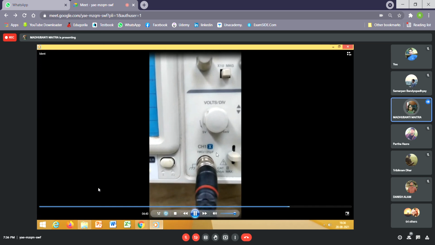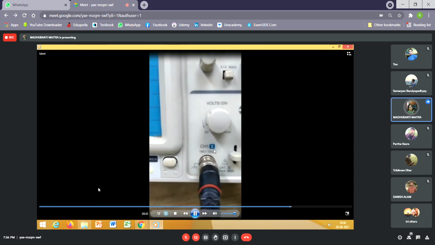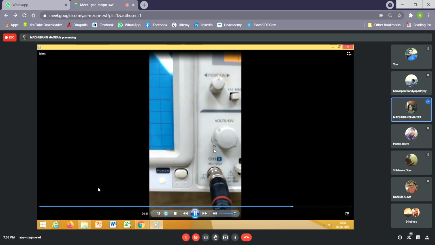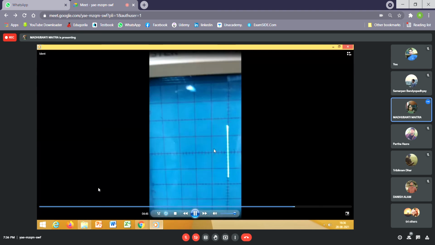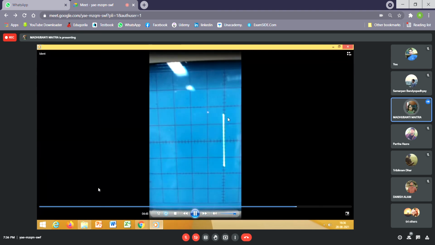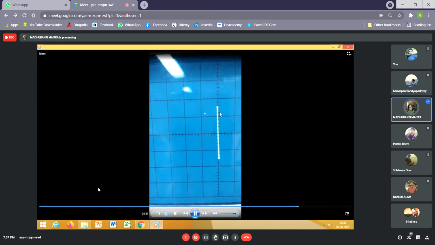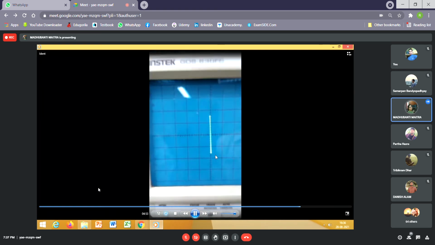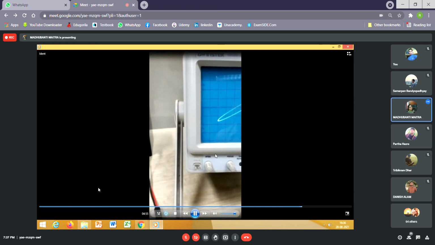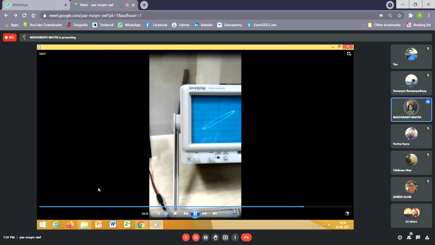This is channel X, the first channel, the other channel will be channel Y. If you ground the X channel, we'll get a vertical line which will give us the output amplitude, which is equal to 2b.